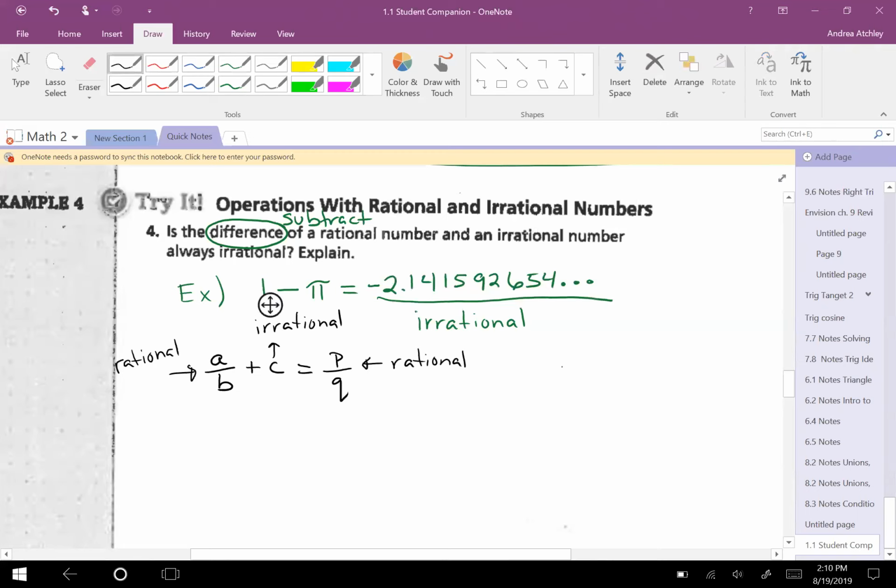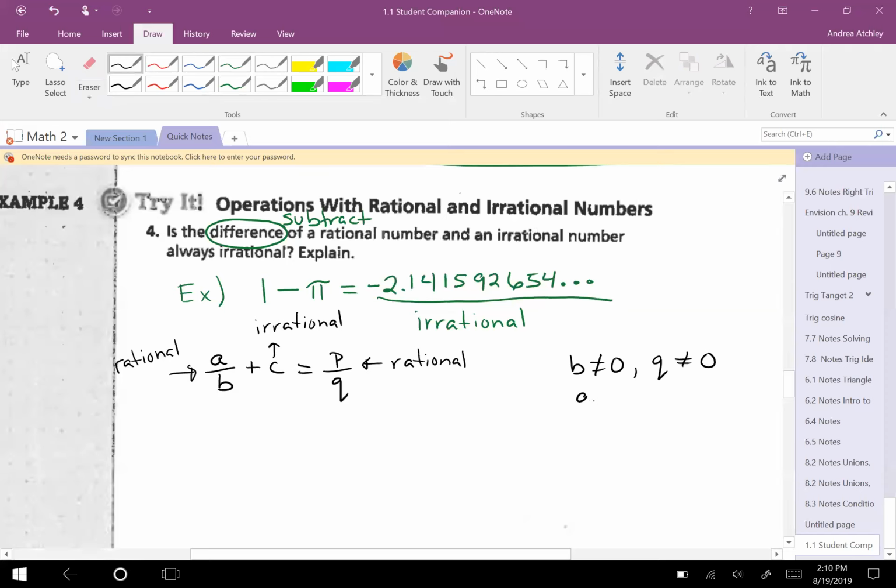They've also said that B and Q cannot equal 0, because you're dividing by B and Q, and you can't divide by 0.